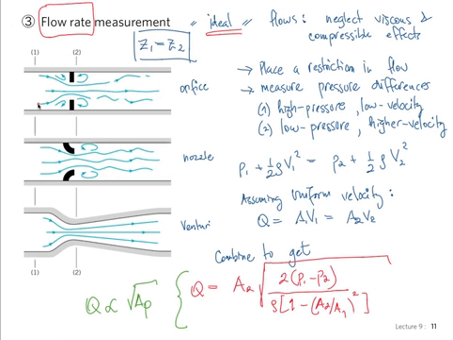Those are the decisions you're going to have to make. But in the end, we will use a differential manometer or some pressure device to conclude about the flow rate in the pipe. This is a direct application of Bernoulli's equation.